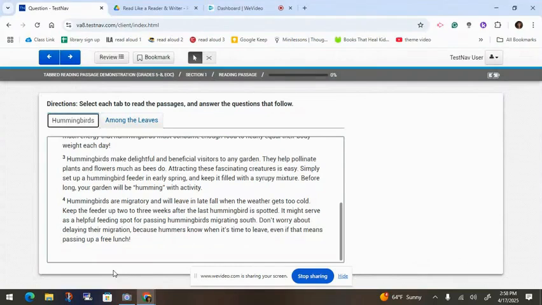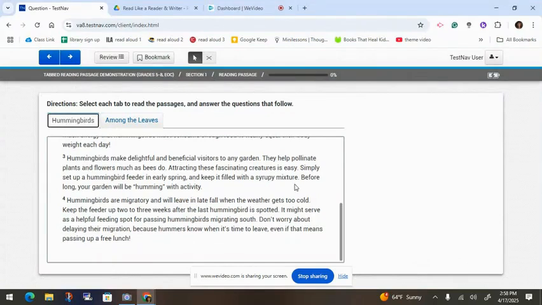All right, last paragraph, paragraph 4. Hummingbirds are migratory and will leave in late fall when the weather gets too cold. Keep the feeder up 2 to 3 weeks after the last hummingbird is spotted. It might serve as a helpful feeding spot for passing hummingbirds migrating south. Don't worry about delaying their migration because hummers know when it's time to leave, even if that means passing up a free lunch.